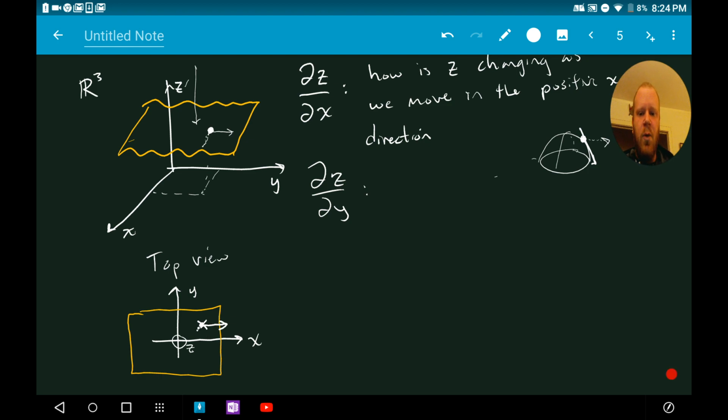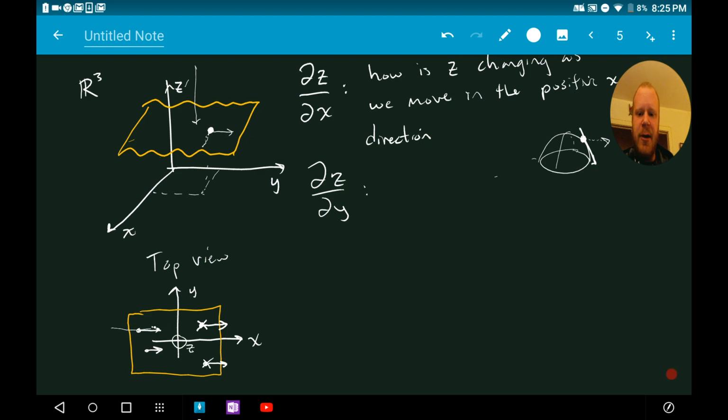So I take one step in the x direction. How is the surface going to change? If you think about all the different points where you could find that partial derivative with respect to x, the common thread between all of them is that I'm treating y like a constant.